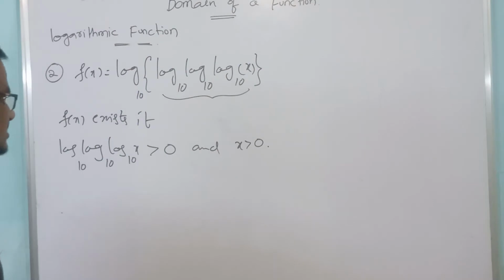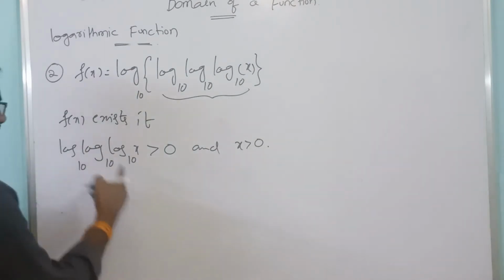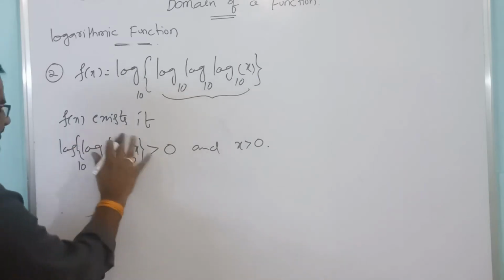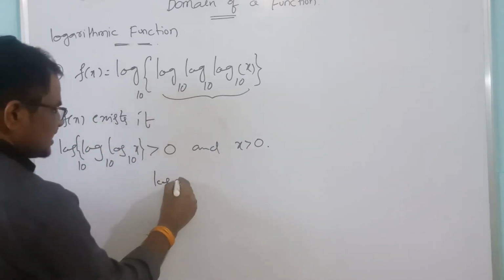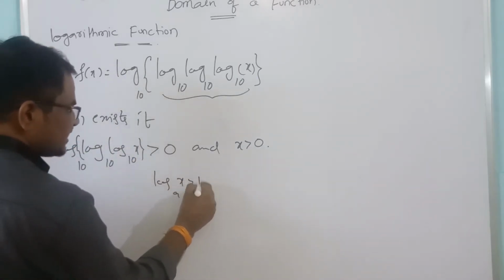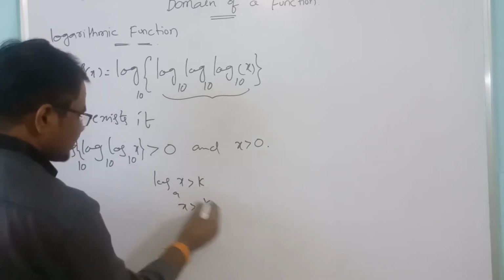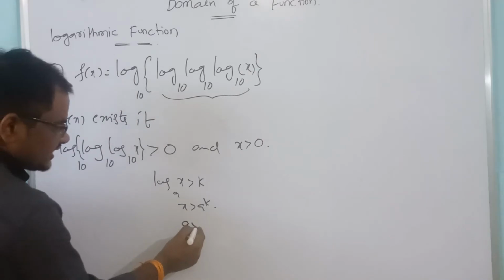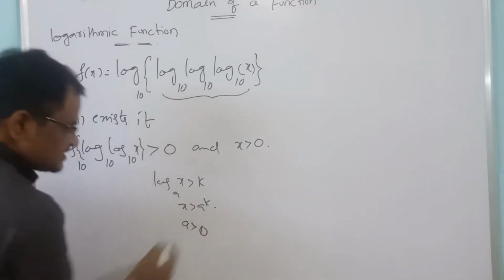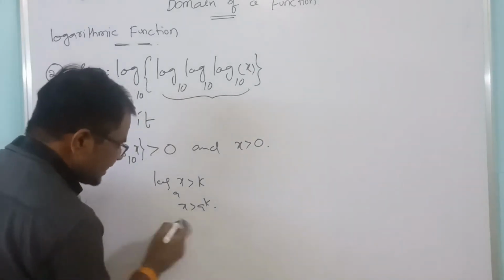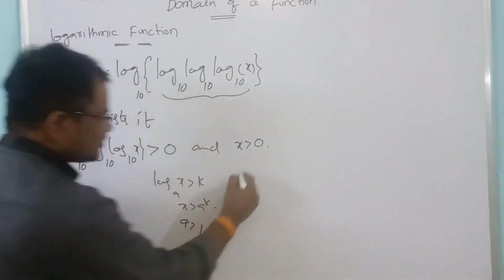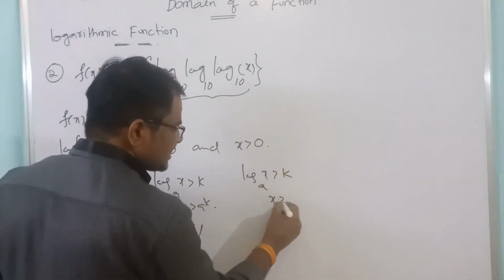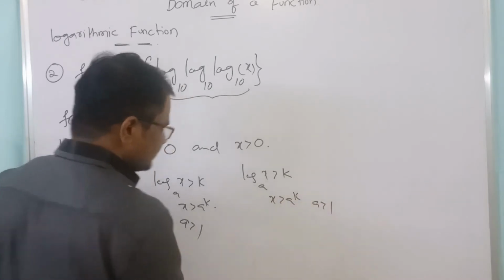These two conditions. Now here again, if you treat this as log of f of x, we can write it as log x to the base a greater than k, means x greater than a to the power k, because here a is 10, greater than 0 and greater than 1, because we know that log x to the base a greater than k gives x greater than a to the power k when a greater than 1.